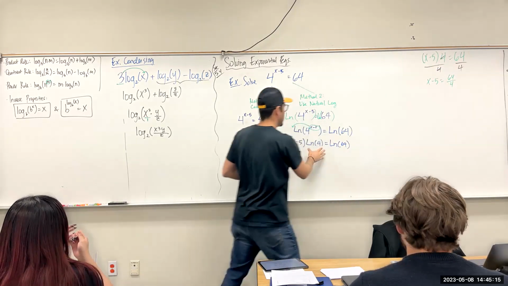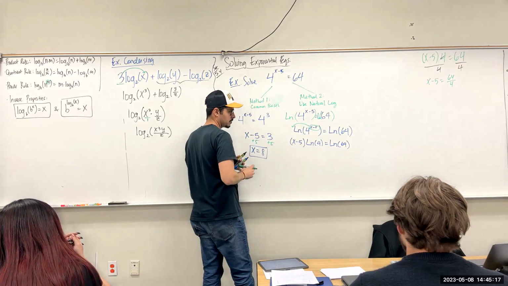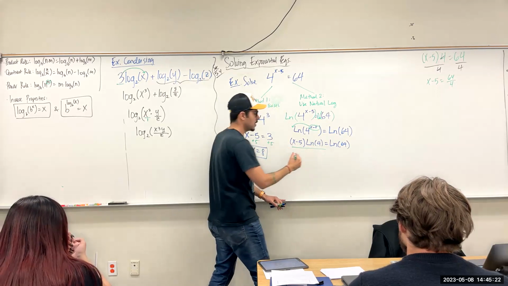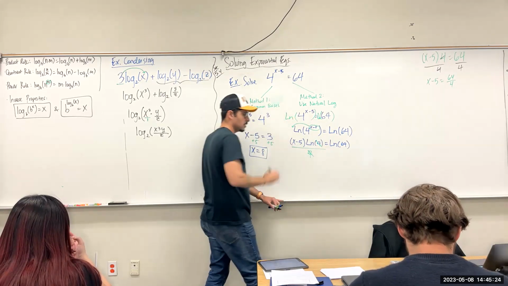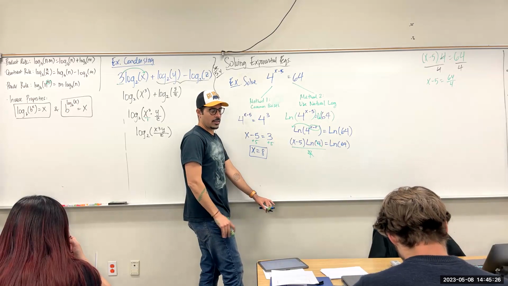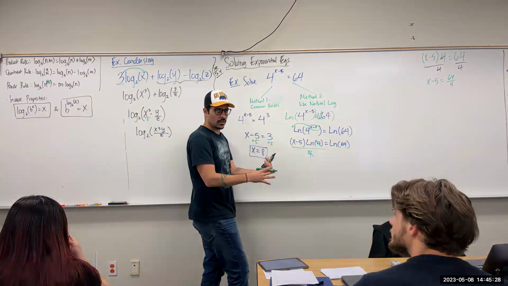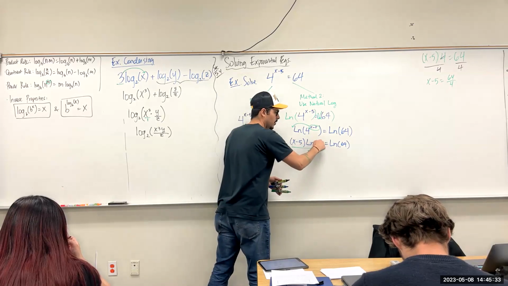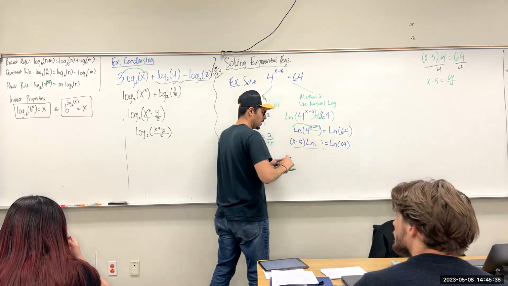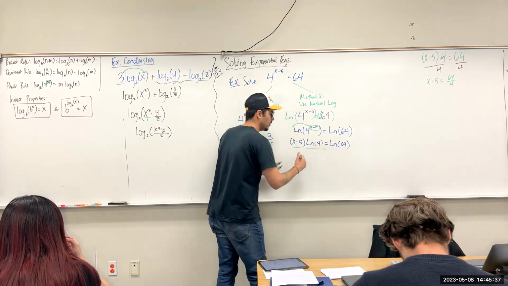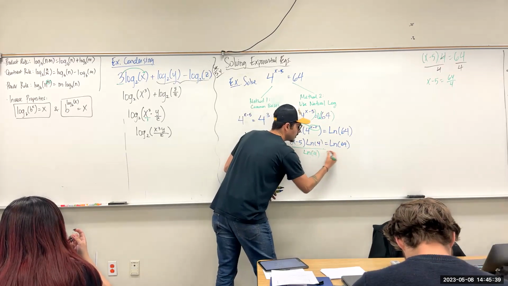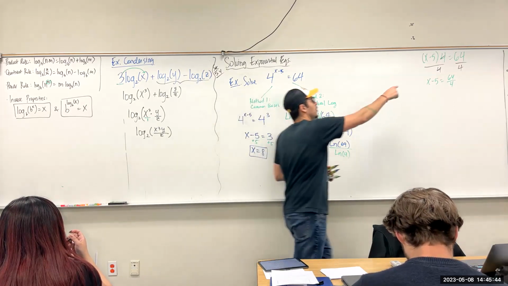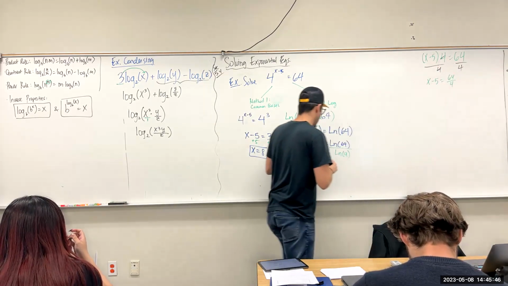So when you get here, what do we want to do? Divide by ln of 4, not by 4. Here's another thing I see. You can't do that. That 4 is inside of the ln function, like sine and cosine and all that. Remember, we couldn't just cancel off what was inside like that. So we had to divide by the whole thing, by all of ln of 4. And just the way the 4s canceled, the ln of 4s will cancel.